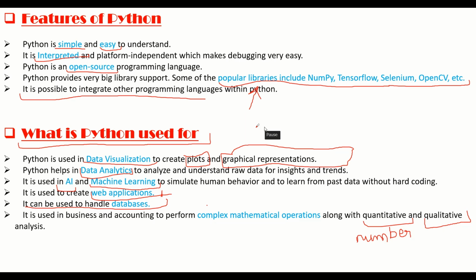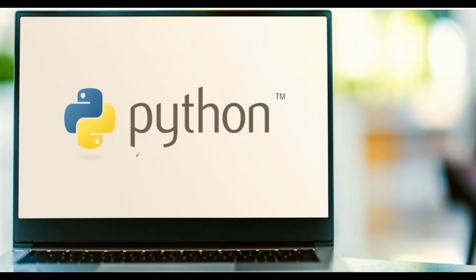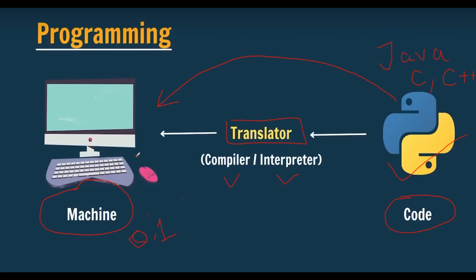So guys, I hope now we understand what is programming and what is Python and what is this translator. It can be a compiler or interpreter, and Python is an interpreted language as we know.